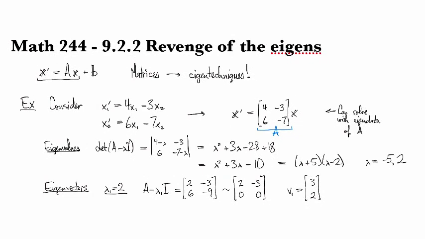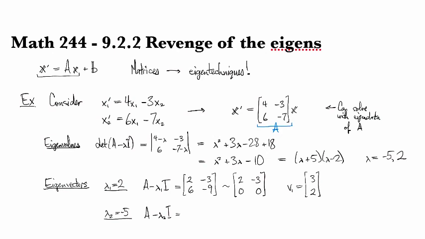And then I'm going to take eigenvalue minus 5 and subtract this one from the diagonal. And so I'm going to get [9, minus 3; 6, minus 2].